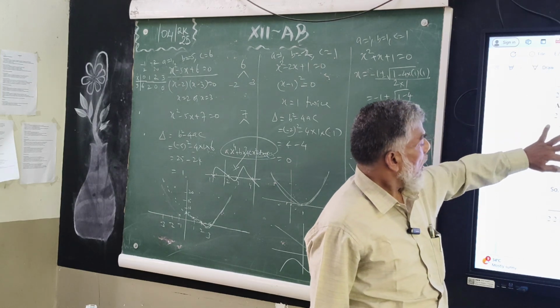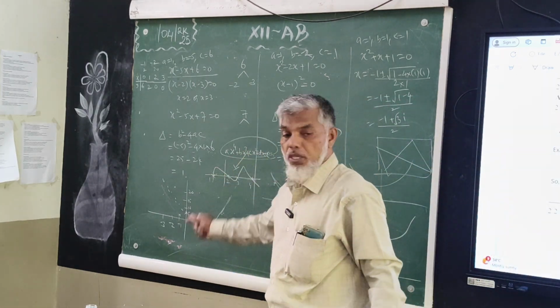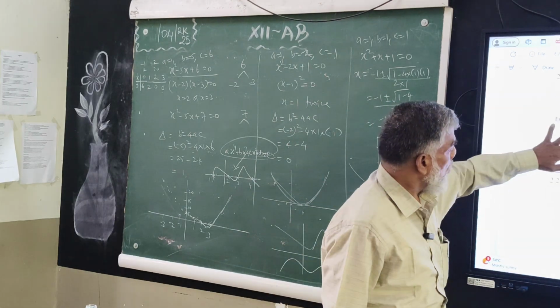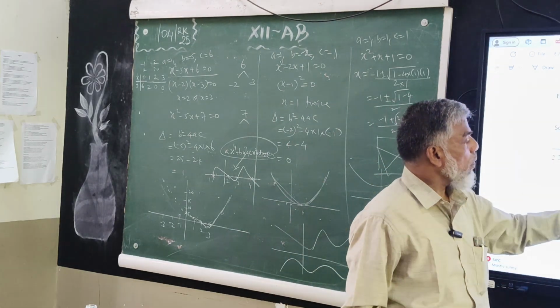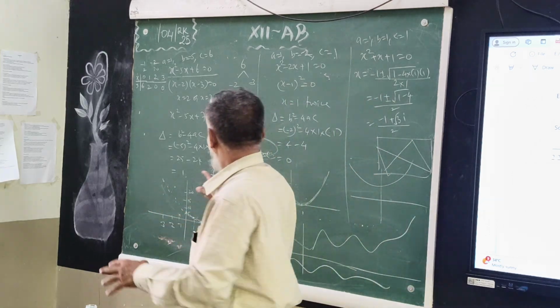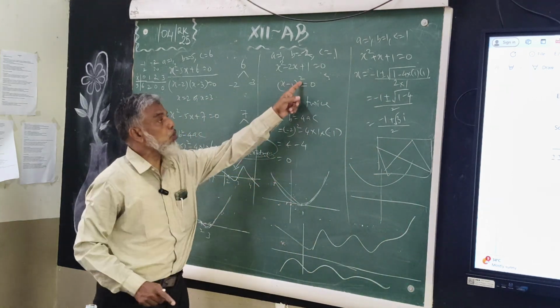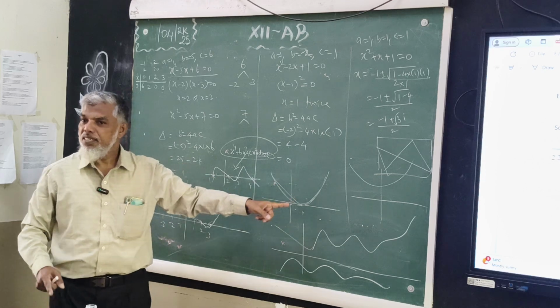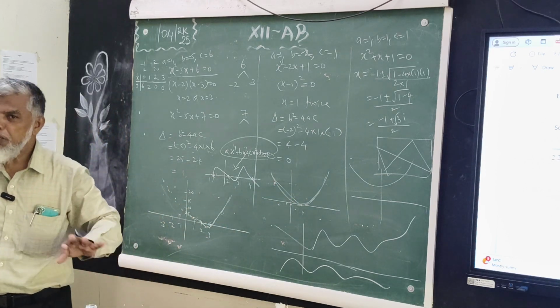Graphs of a polynomial are taught. Just go through them. And (x minus a) whole power m. Here this graph is (x minus 1) the whole square, and this is (x minus 1) the whole cube.